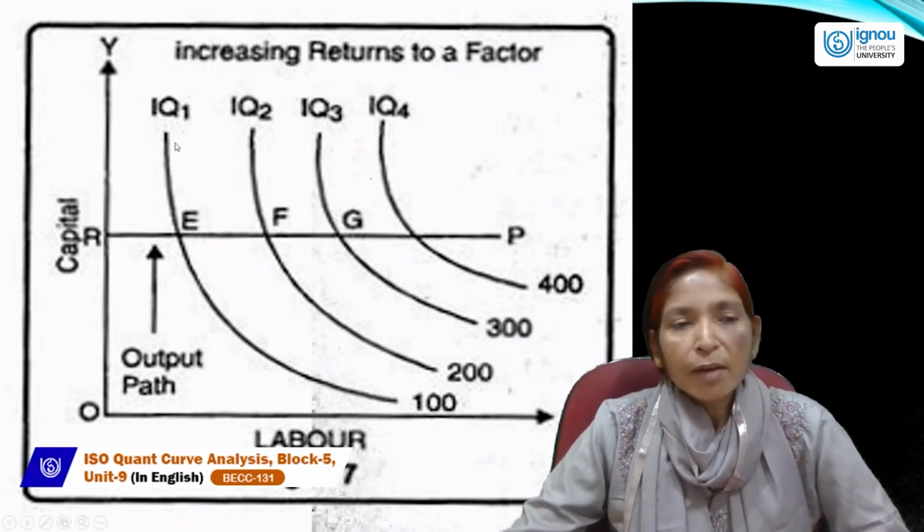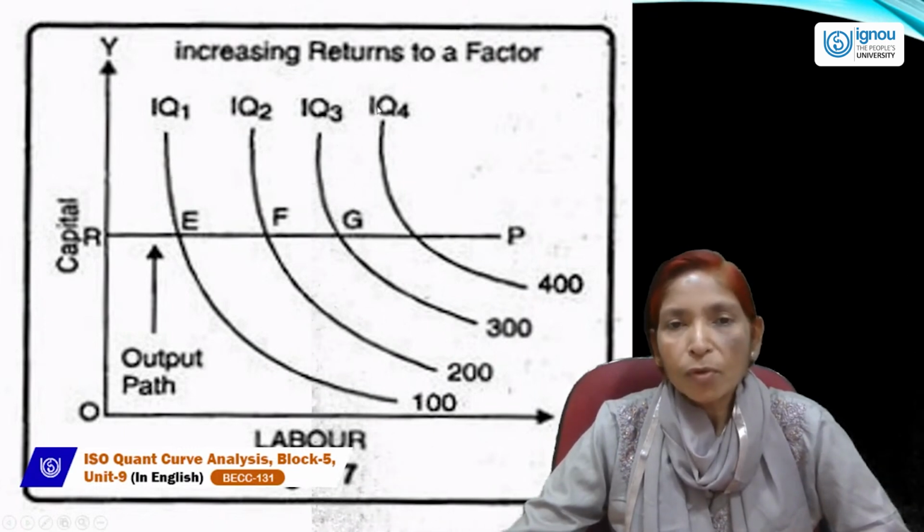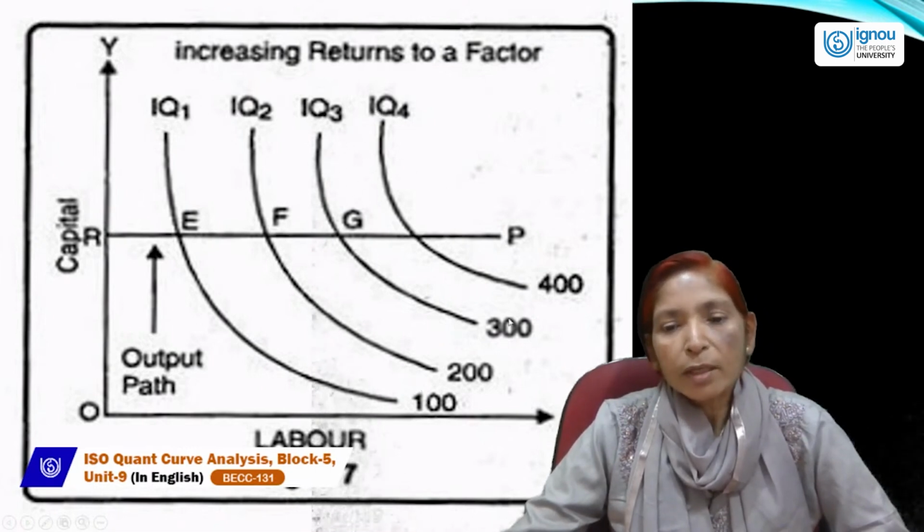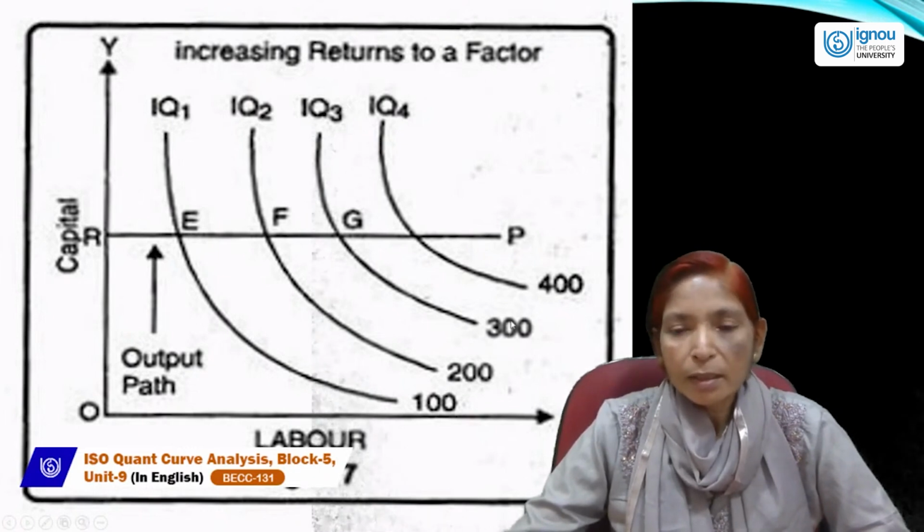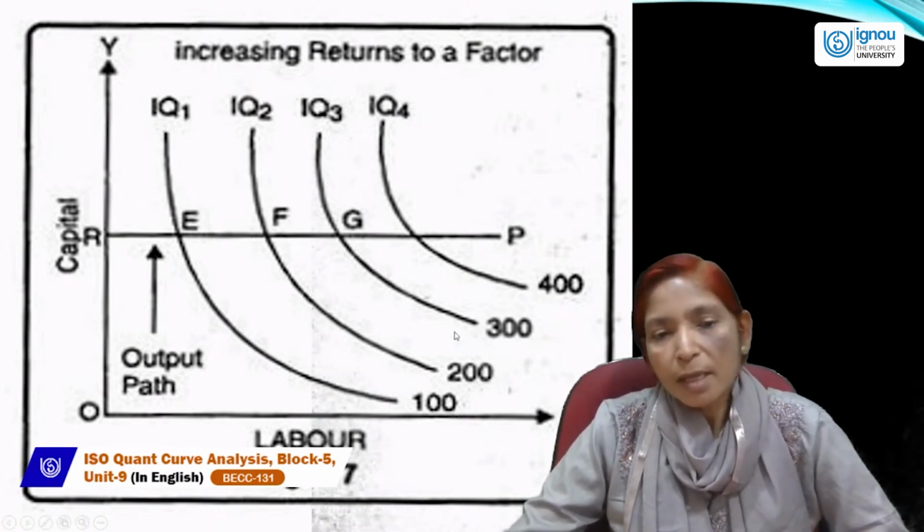Here we have drawn four isoquant curves, IQ1, IQ2, IQ3, IQ4, showing amounts of output like 100, 200, 300, 400. The output increases by the same level, 100, 100, 100. The gap in between them is the same.